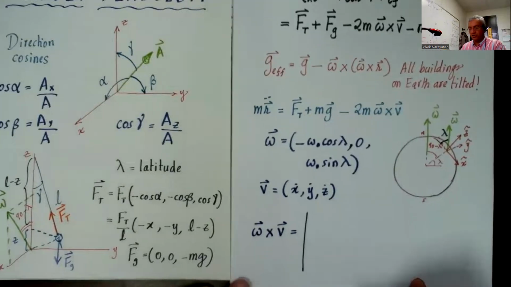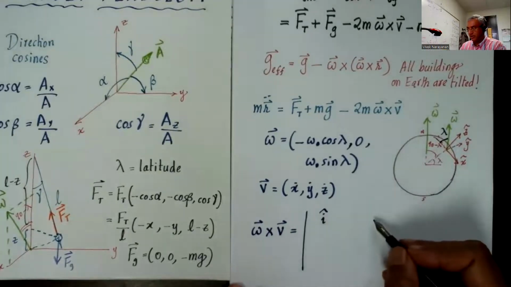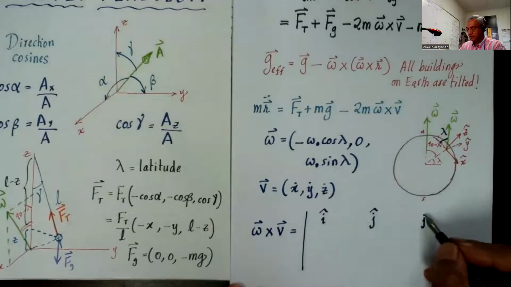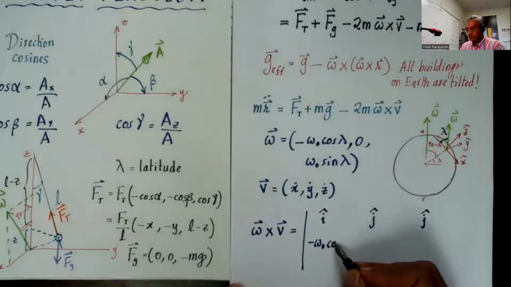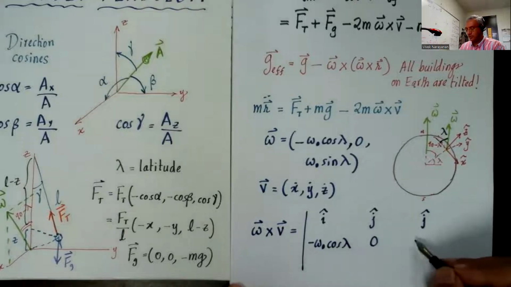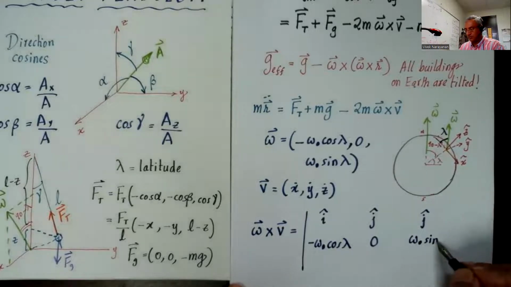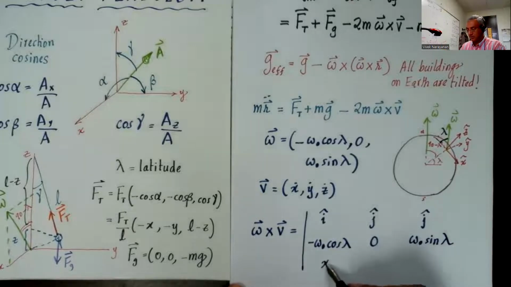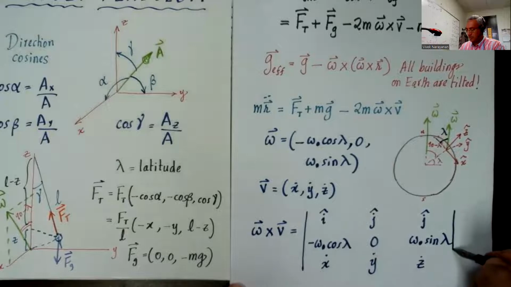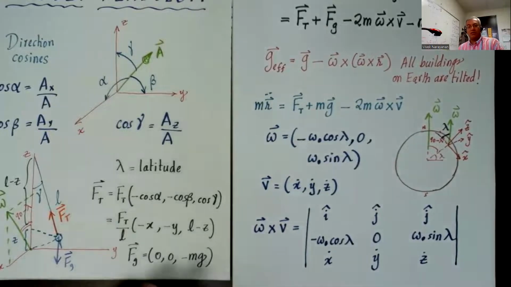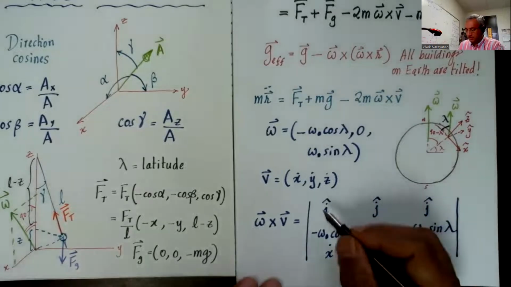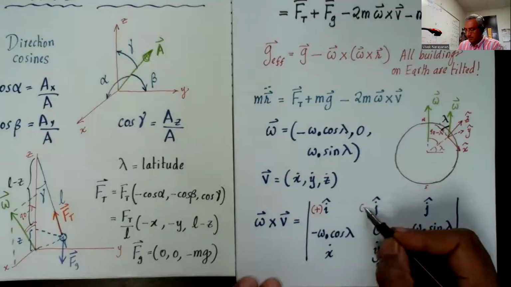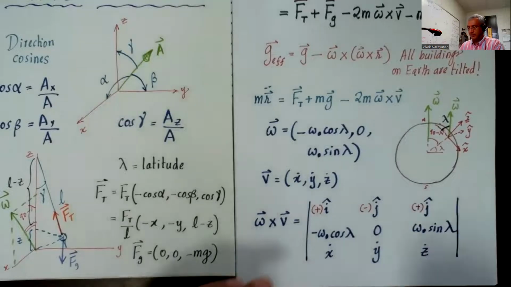It's a determinant of the omega components. All right, let us proceed to evaluate that. Don't forget that signs have to be assigned to the determinant.